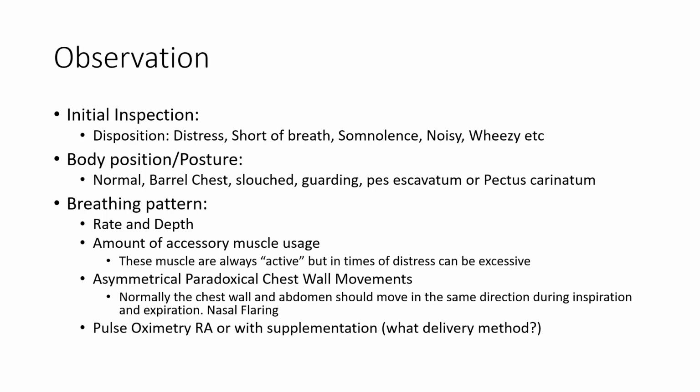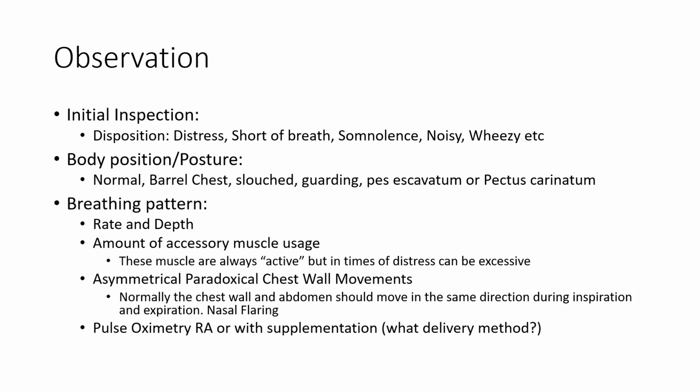And then looking at the amount of accessory muscle use, and I specify this because as we learn in our pulmonary physiology lecture, your accessory muscles, quote unquote, are always active during breathing, and they're necessary for the movement of the upper chest wall during inspiration. But in times of distress, or when we need to draw in more volume for whatever reason, those muscles will become more active and they'll be noticeable.